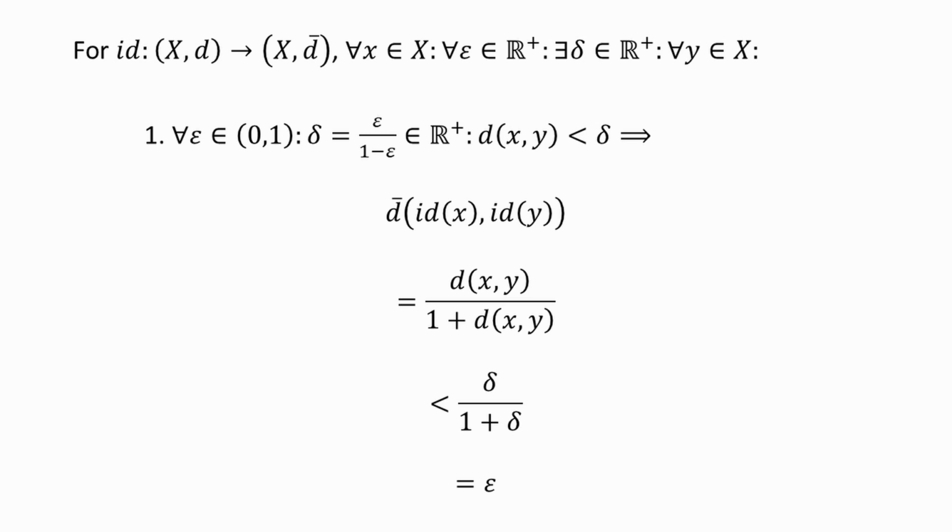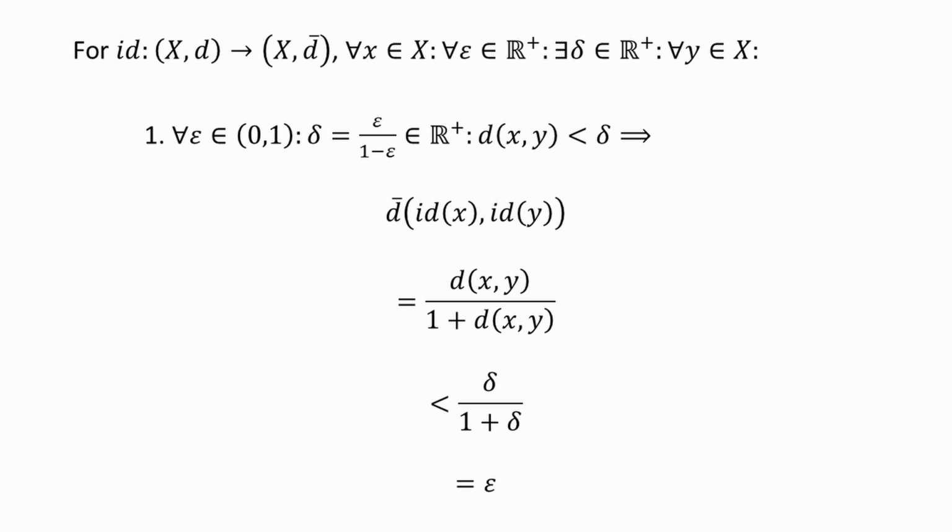Delta equals epsilon over 1 minus epsilon, which is in R+. Now, how to get delta in terms of epsilon is by using the definition of d bar. I'm not going into the detail of this, but you can try it by yourself. It's just a trick by finding out d of x and y in terms of d bar of x and y.